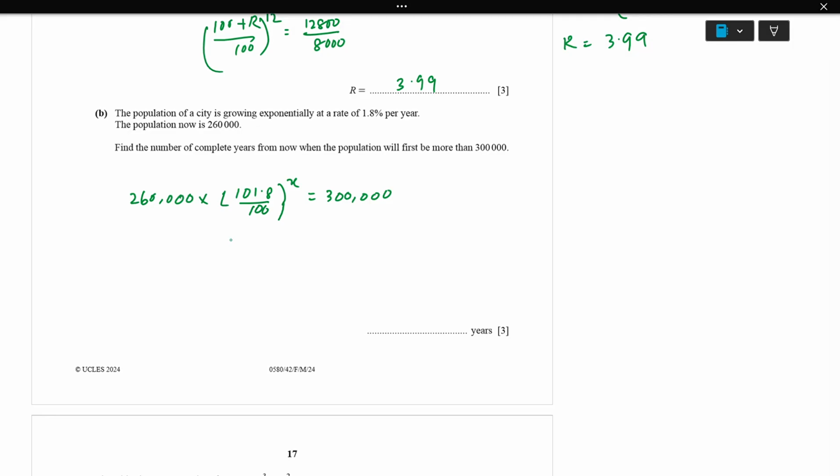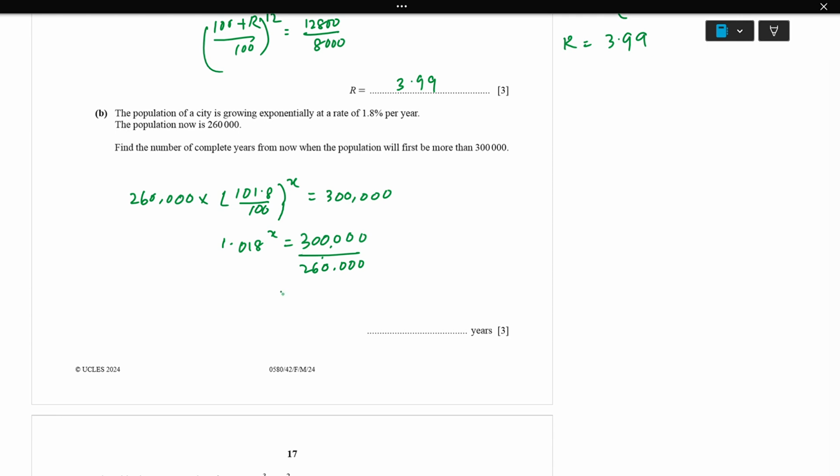Here we need to find x. When I divide, I'll get 1.018 power x equal to 300,000 over 260,000.